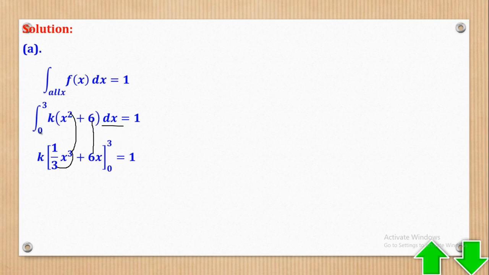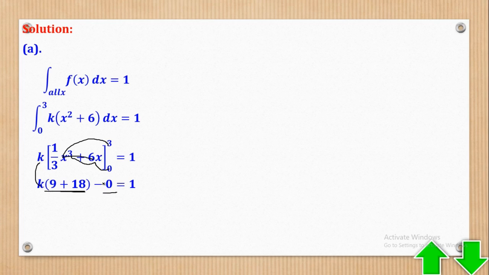Now these limits are still put here. Now we have integrated. Next is to substitute the limits. So when I substitute, remember we begin with the upper limit. So when I put this 3 where there is x, I come up with this. And when I put this 0 where there is x, I'll come up with 0. But remember there is k outside, that's why I multiply this by k.